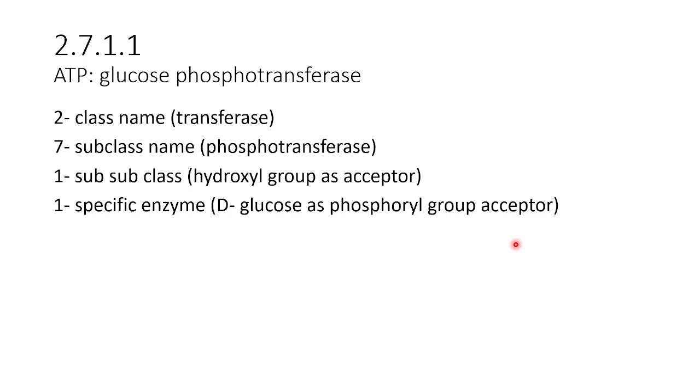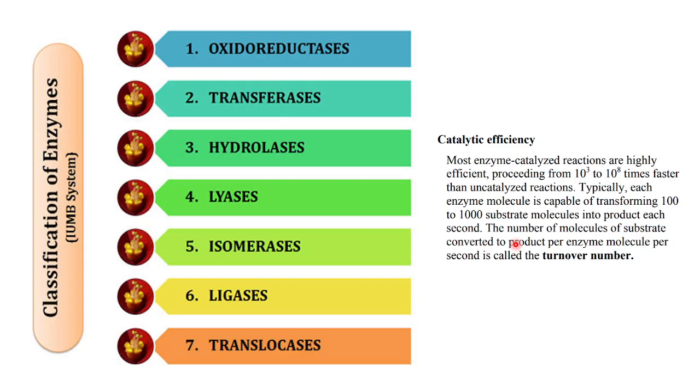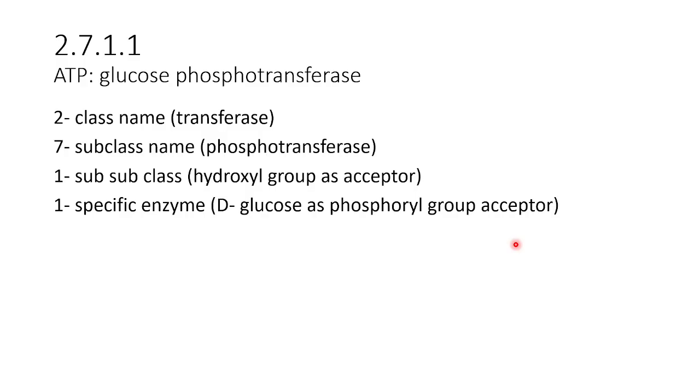We need not keep in mind the names of the enzymes or the nomenclature, but if someone asks that it is a 4-digit code, what are the 4 digits that they represent? We must be able to tell that the first one is the class name, for example transferase, oxidoreductase, or hydrolase. The second one is the subclass name, such as phosphotransferase or methyltransferase.